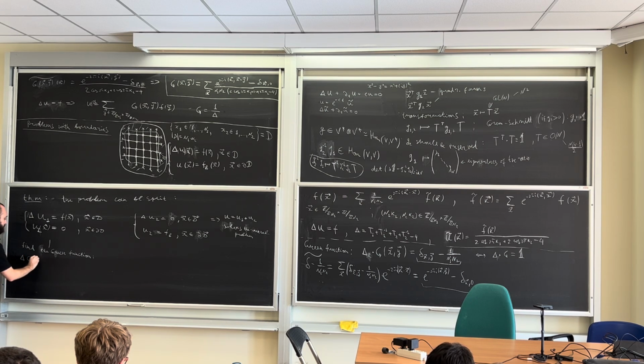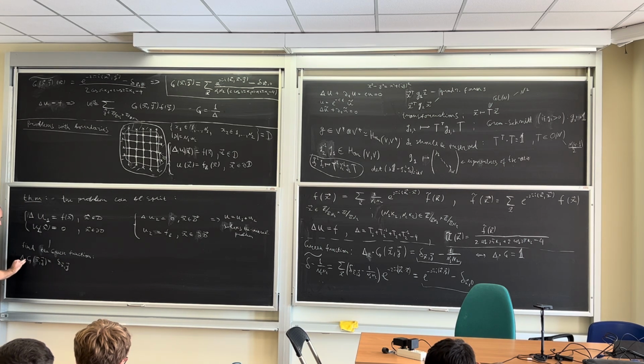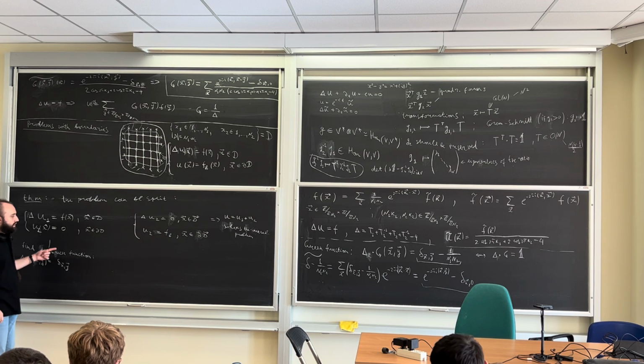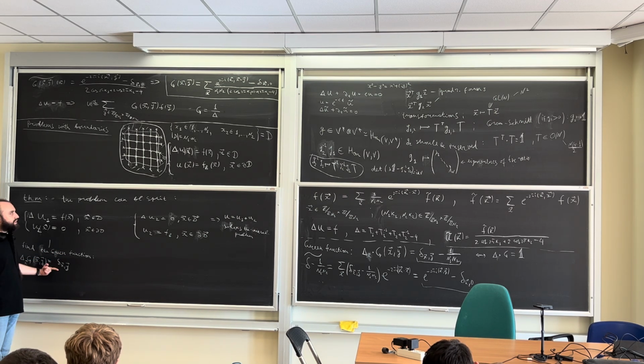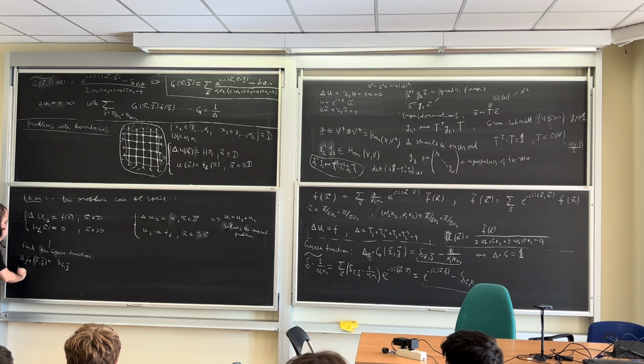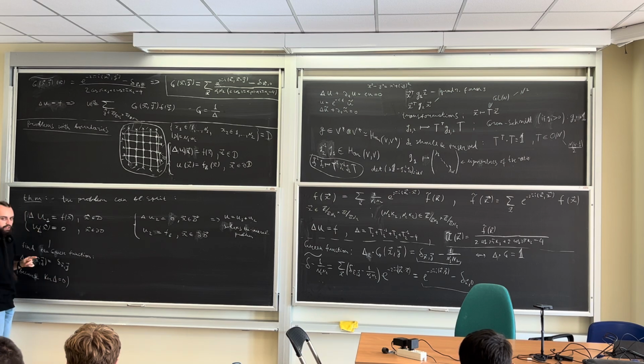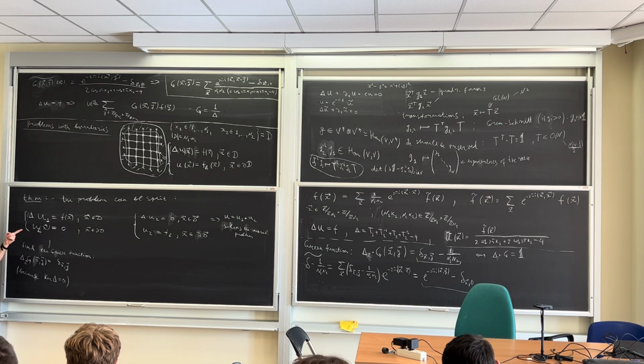Laplacian of g, with g of x y, should equal delta of x y. In this case, we can ask just for this because now the kernel of this Laplace operator is 0. So who knows why it is 0?